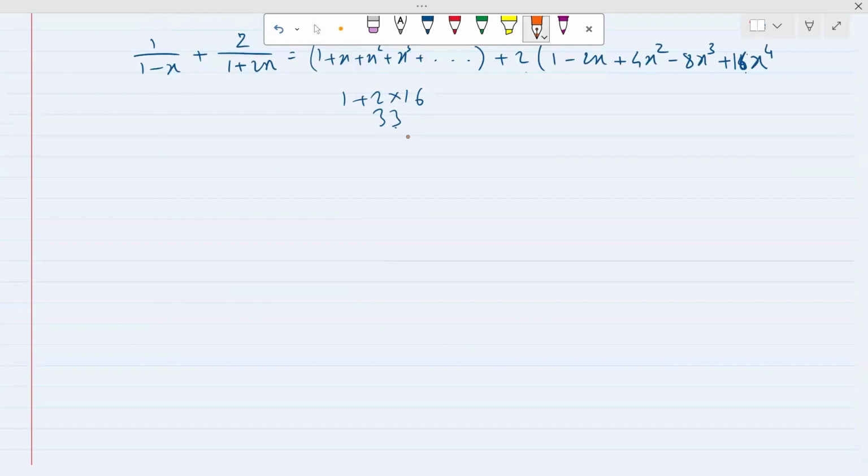Summation i equal to 1 to n, 1 by 2, the whole raised to i plus 1, and 1 by 3, the whole raised to i minus 1. Running index is i here, right? Yes, i plus 1.